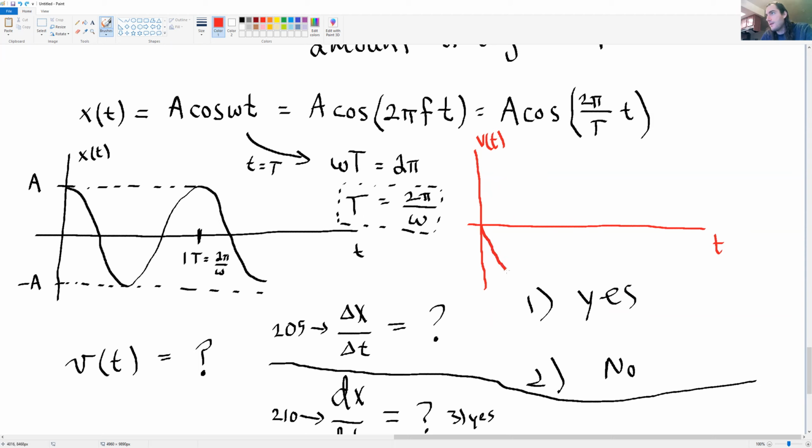It starts off like this, and then comes up and goes back down and comes up. And one period here is the same. It's still one period, and it's still 2 pi over omega. So the velocity and the displacement have the same period. That makes sense, right?